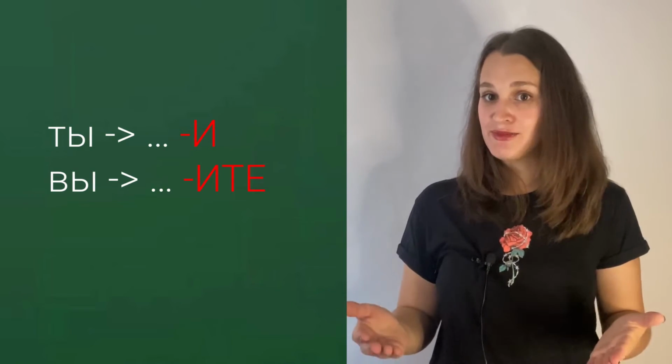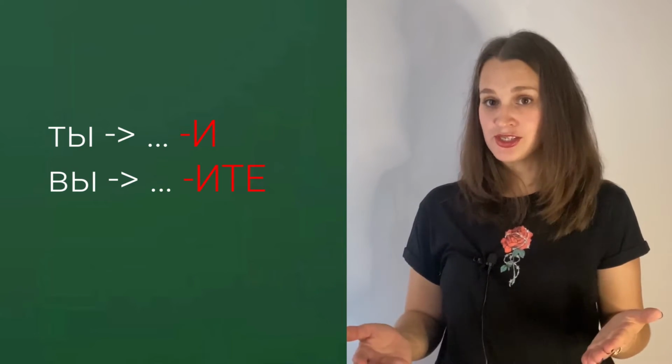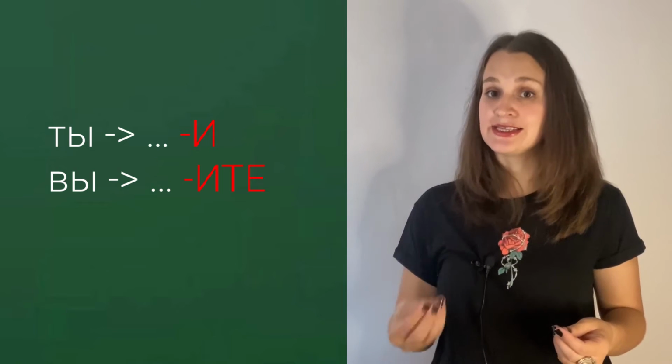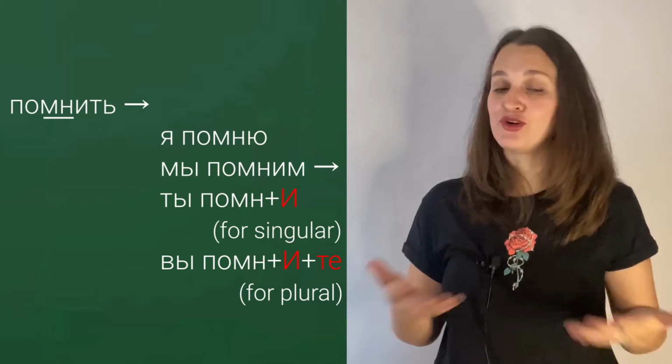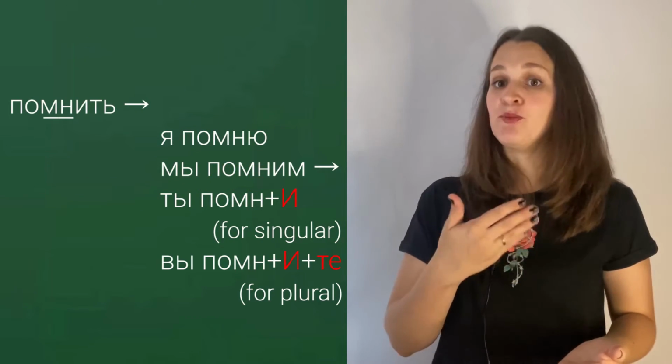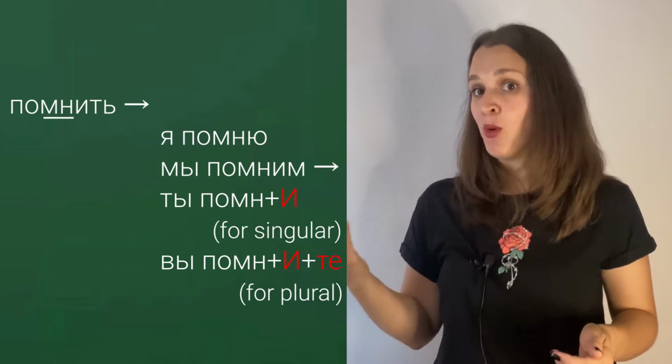By the way, the difference between singular imperative and plural imperative is just this те for plural. And additionally, there is way 4. If the stem ends in two consonants, we will add the letter «и». Like the verb помнить. Я помню, мы помним.